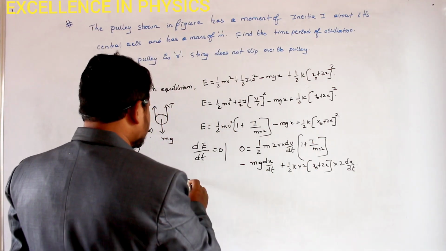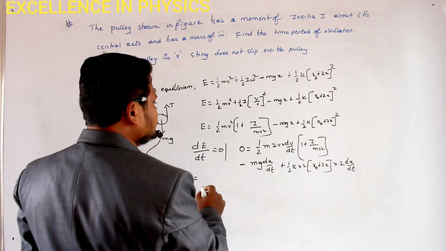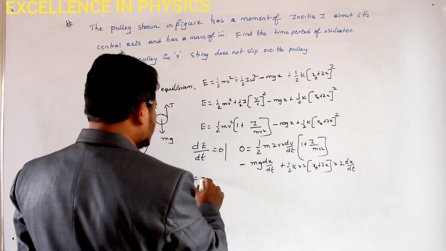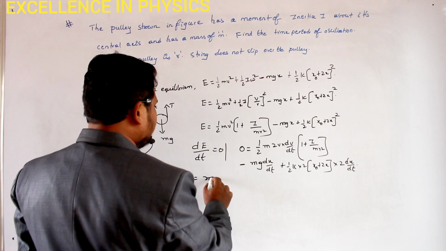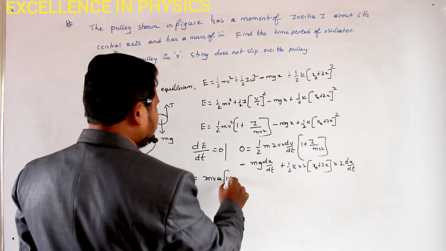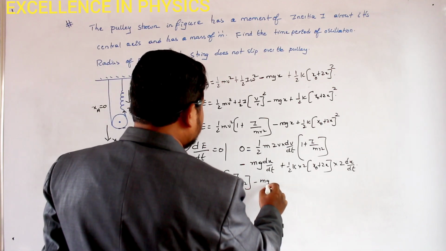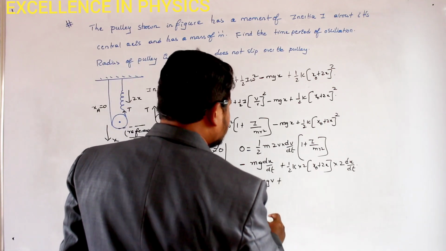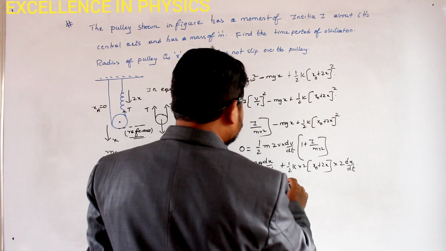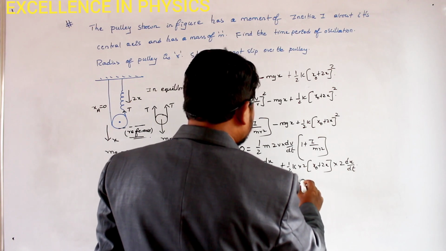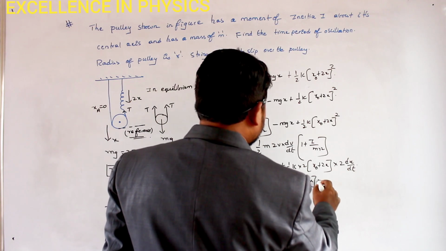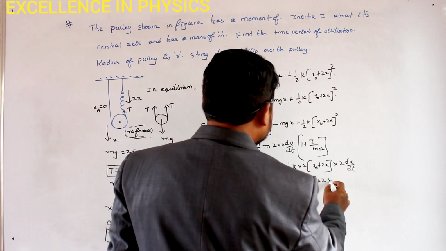Now let us try to simplify this one. So 0 is equal to, 2 and 2 get cancelled, so I can write mva into (1 plus I by mr square). Clear? So minus mg into v plus, 2 and 2 get cancelled, so k into (x naught plus 2x) multiplied by 2 dx by dt, which is called velocity.